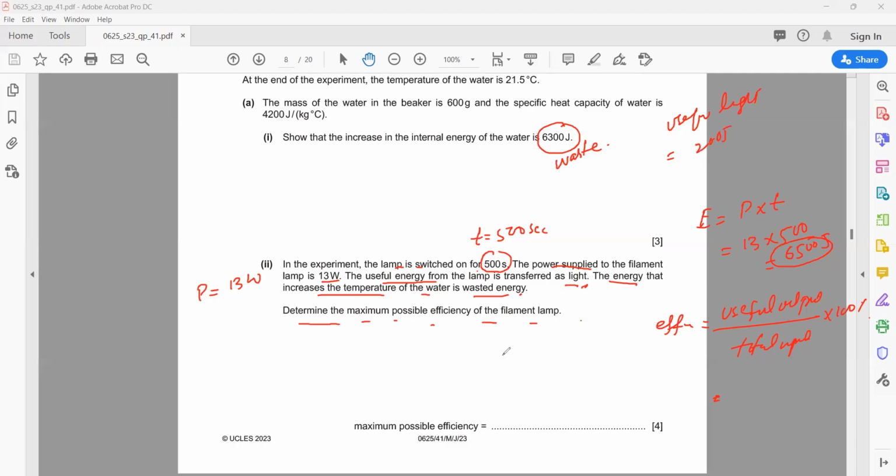So you can use the same formula again. Efficiency equals what is useful, that is 200, divided by the total, that is 6,500, multiplied by 100%. What you will get is 3.1%. So that is the efficiency. Got it?